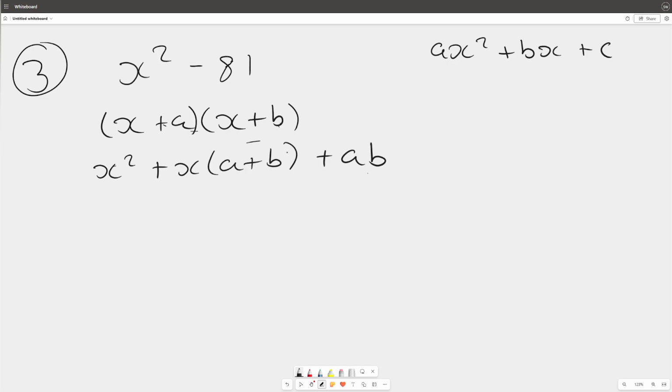Now instead of thinking about two numbers that add to make 0 and two numbers that multiply to get 81, we can notice that both of these numbers, 81 and x squared, are square numbers, which means that they both square root to be normal things. The square root of x squared is equal to x, and the square root of 81 is equal to 9.